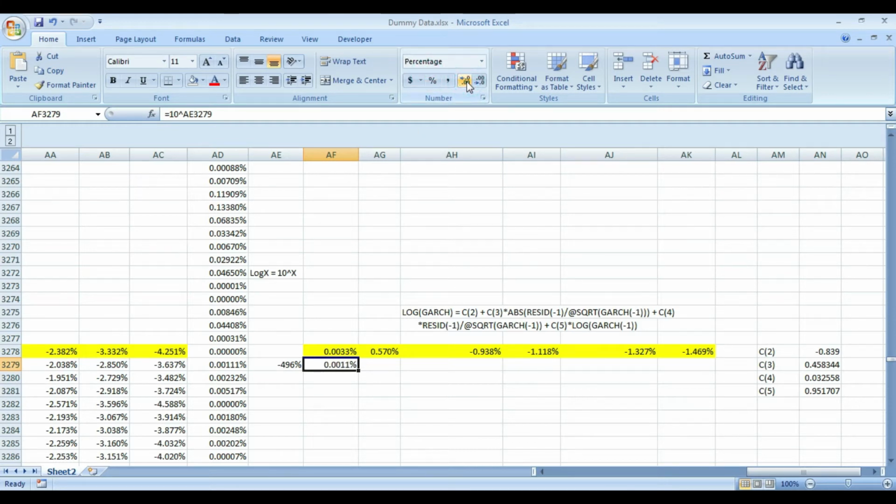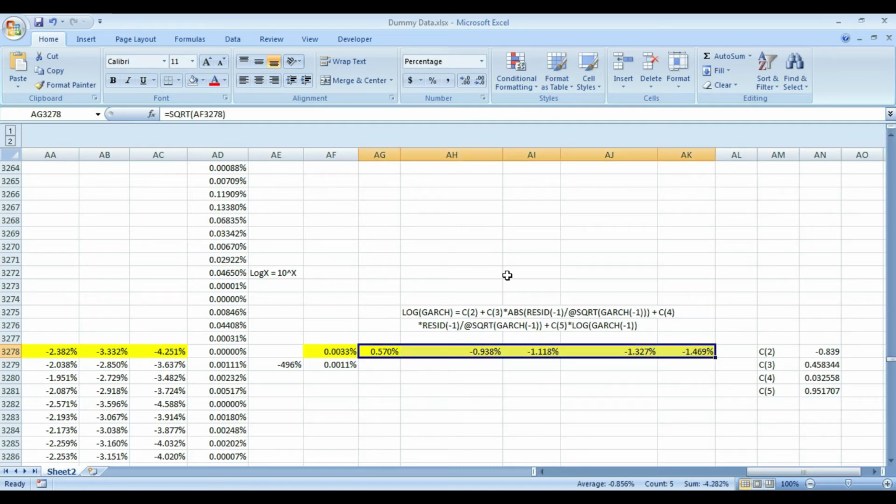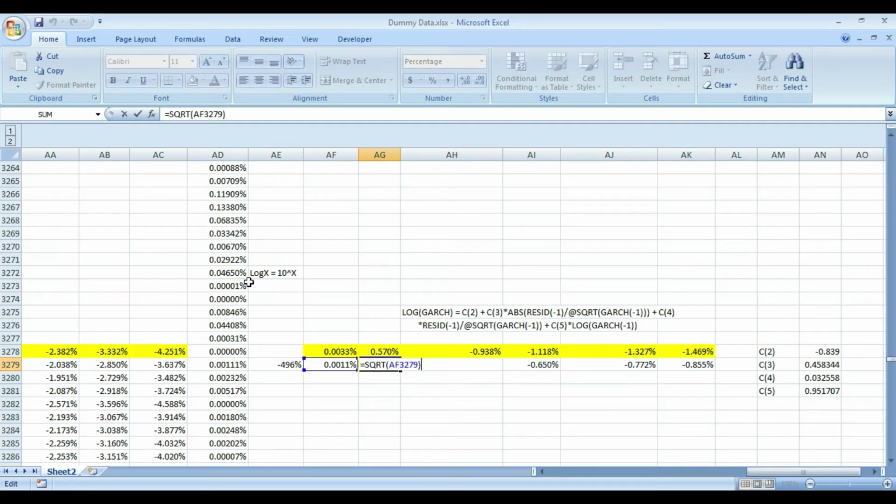Convert this as percentage, it looks like this, and other things remain same, the standard deviation, value at risk at all the confidence intervals. So you can copy this thing from the top, from EG till AK cells, and paste it over here. So our value at risk is calculated.